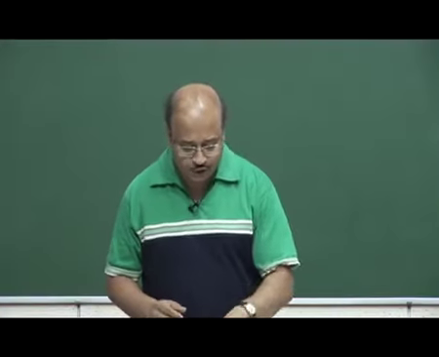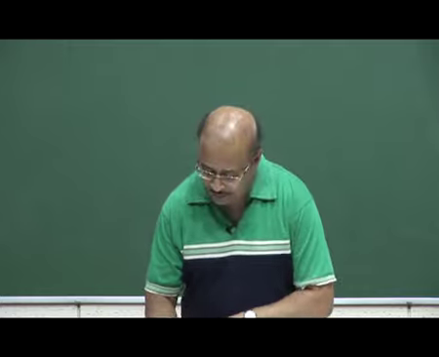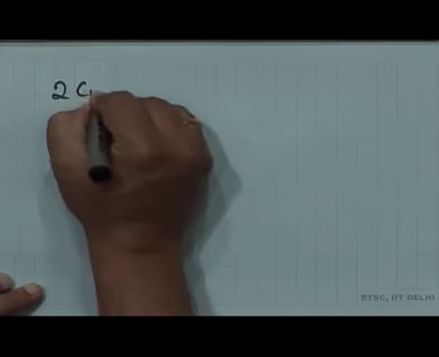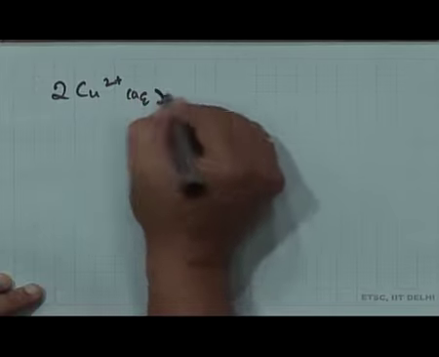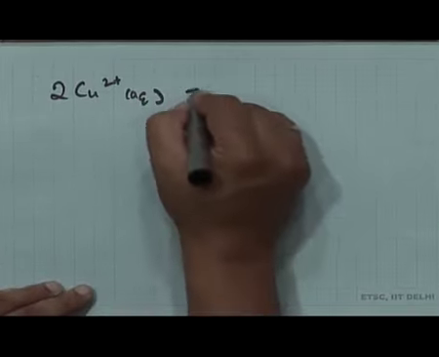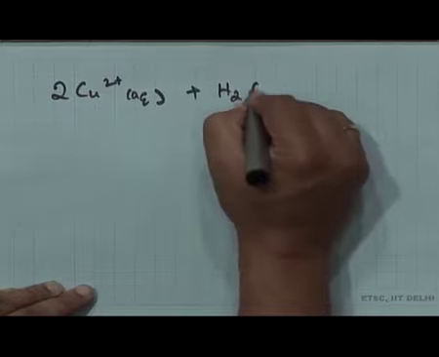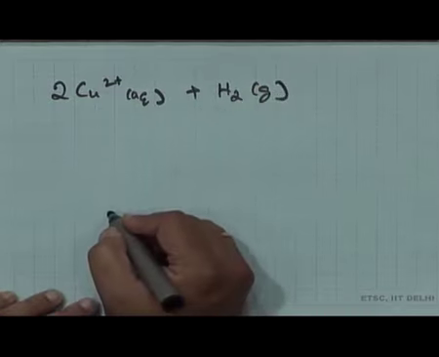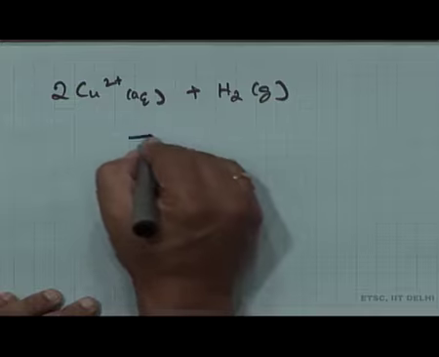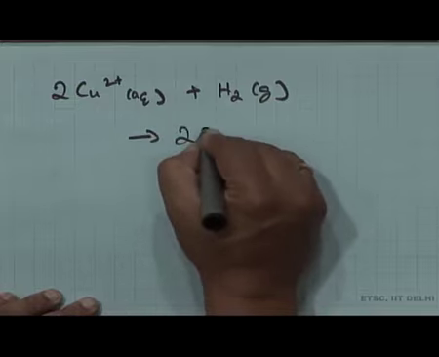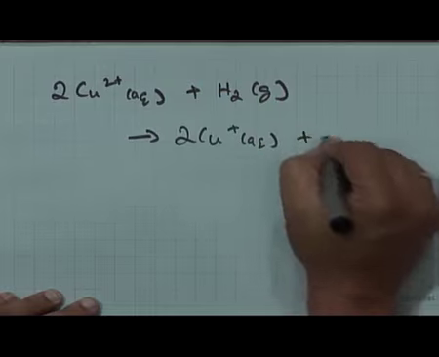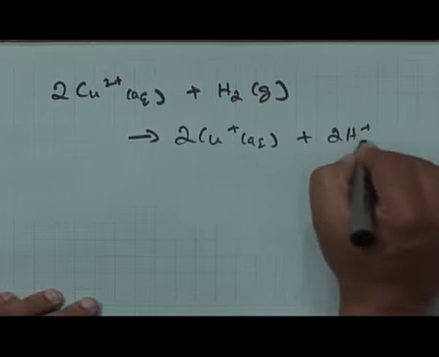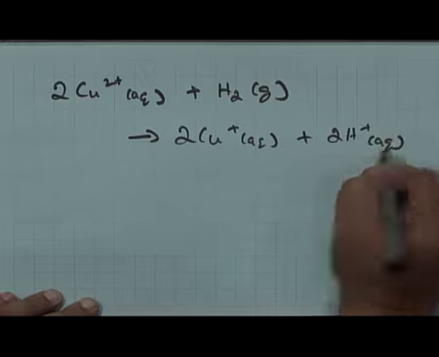Now, let us take another example. So, we have this equation: 2Cu2+ in aqueous phase plus H2 gas, giving you 2Cu+ aqueous plus 2H+ aqueous.